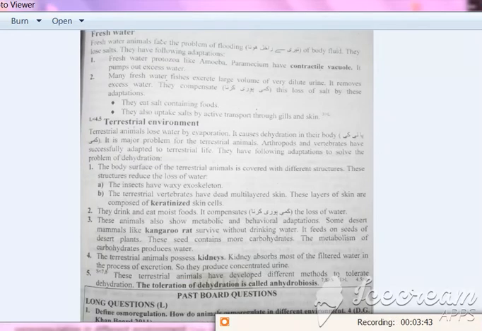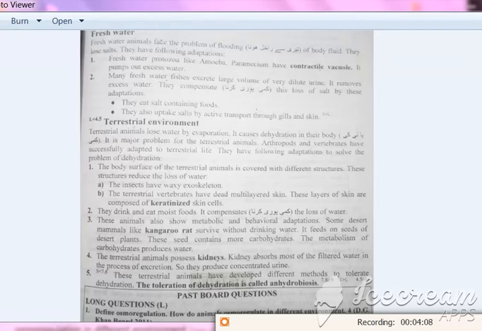Fourth adaptation is osmoregulation in kidney. As you know, kidneys help in urine formation, and if terrestrial animals have less amount of water, water can be reabsorbed from the kidneys, so they form concentrated urine due to reabsorption of water.